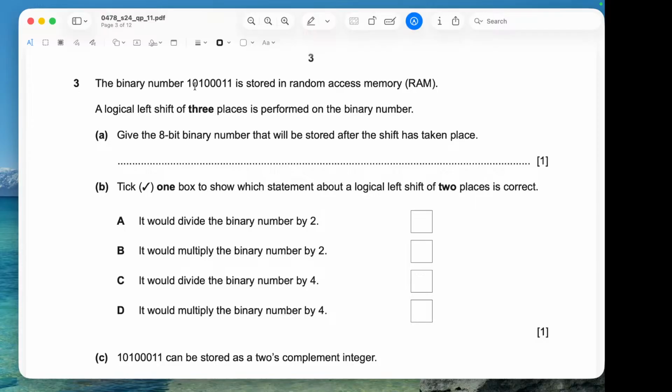Remember, it is shifting left 3 places. You might need a pen and paper and possibly a calculator, but you'll not have a calculator in the exam.